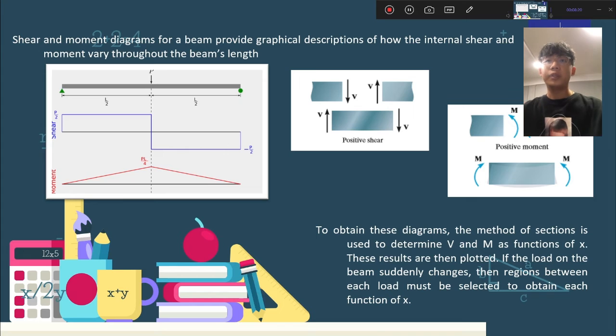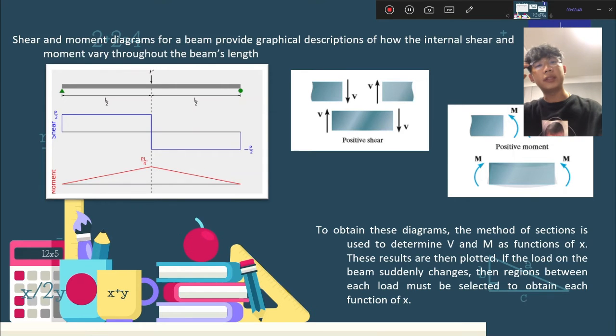So, shear and moment diagrams for a beam provide a graphical representation of how internal shear and moments vary through the beam length. As you can see below, I have shown the shear diagram of a force applying on a beam. It is in blue, and the moment is in red.